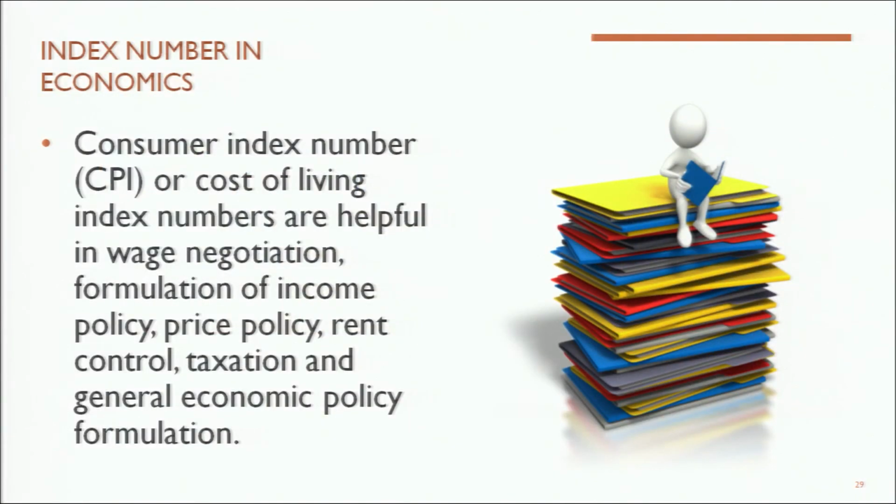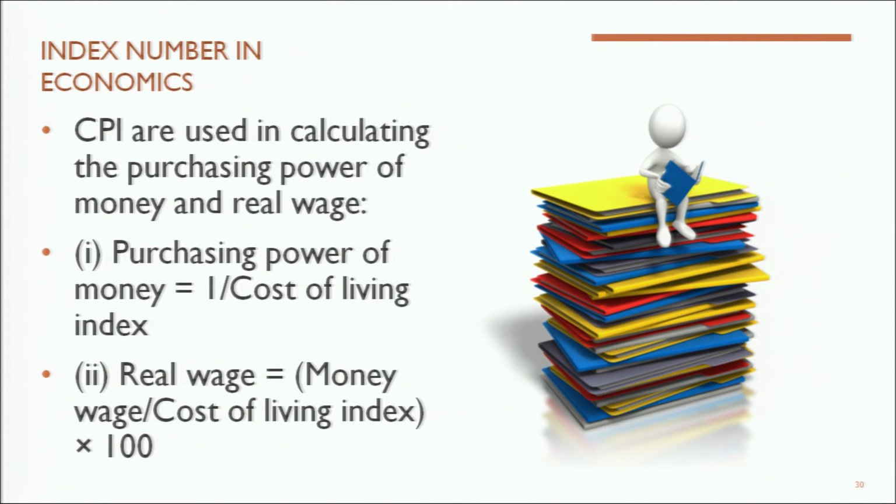Now coming over to the last topic of this lecture, which is usage of index numbers in economics. So we have already discussed how we can use consumer's price index in situations like wage negotiation, in deflation, in formulation of income policies, in helping government decide how much DA should be given, in deciding the price policy, taxation, etc. Apart from these usages, CPI can also be used to convert the monetary wages or the nominal wages into real wages.